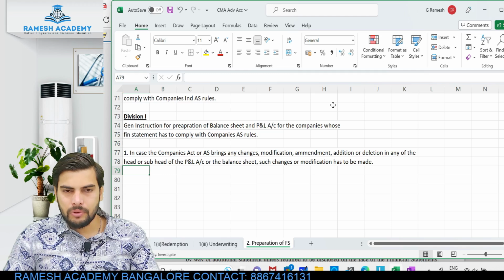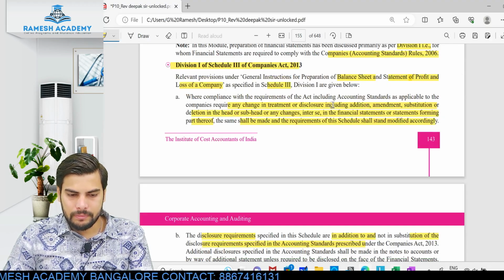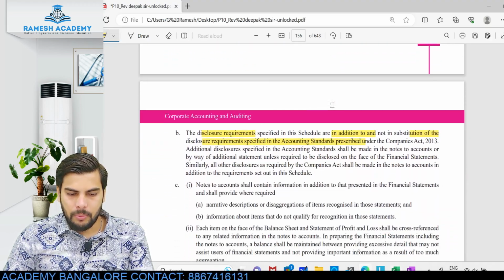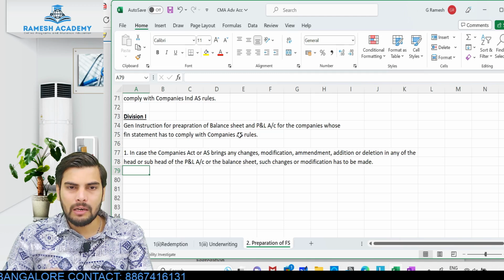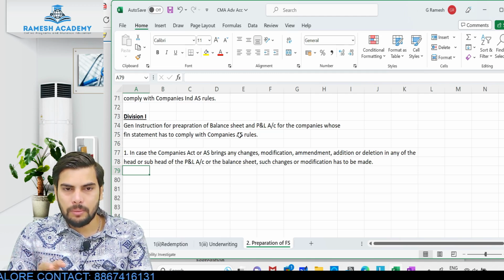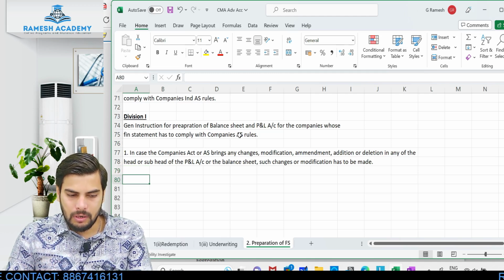When it comes to the second point, what does it state? The disclosure requirements specified in schedule 3 are additional disclosure and not substituting the disclosure mentioned as per accounting standard.